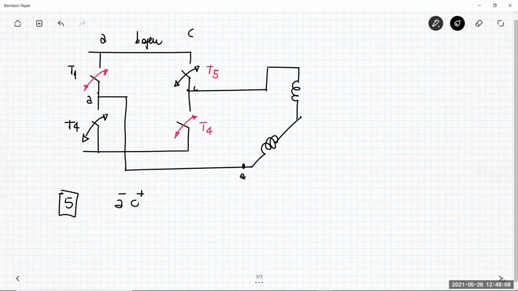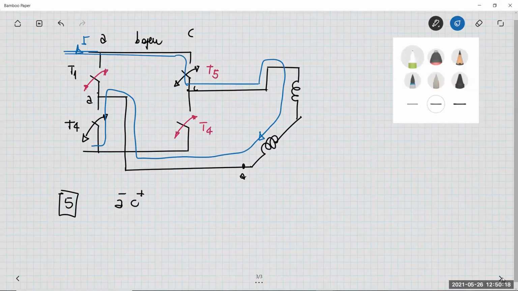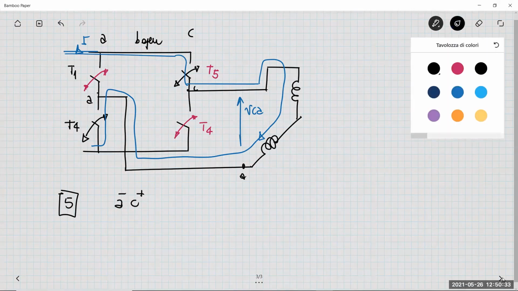The current I flows following this pattern, something like this. The voltage that you can have between these two phases, VCA, is as follows: when T5 and T4 are both closed, then you have VDC.